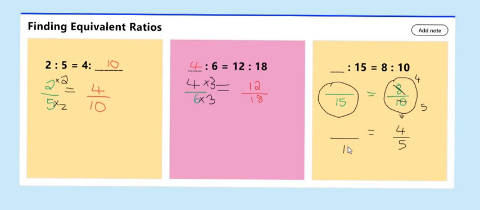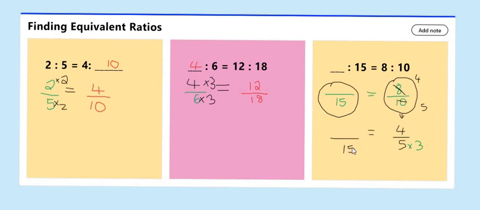Something over 15. Now it's easy for you to identify what number times something gives me 5, or the reverse. What number times 5 gives me 15? So we can do the reverse: 5 times what gives me 15? 5 times 3 gives me 15.